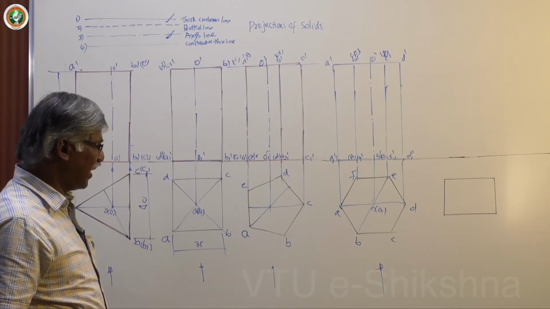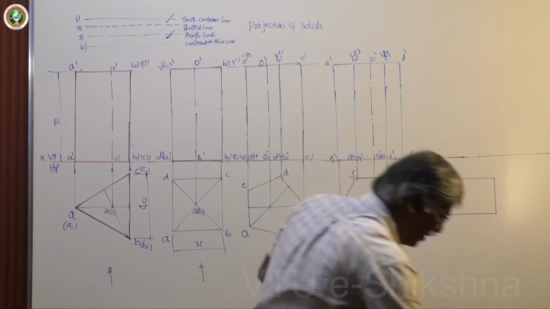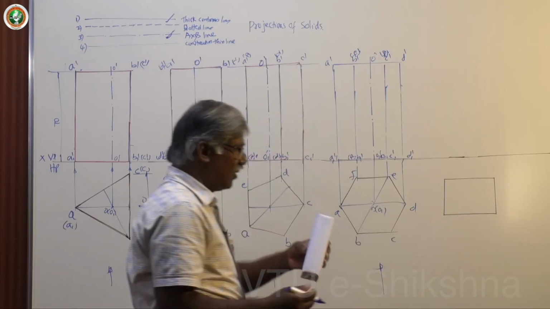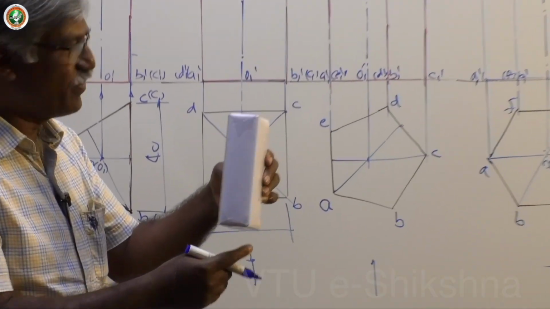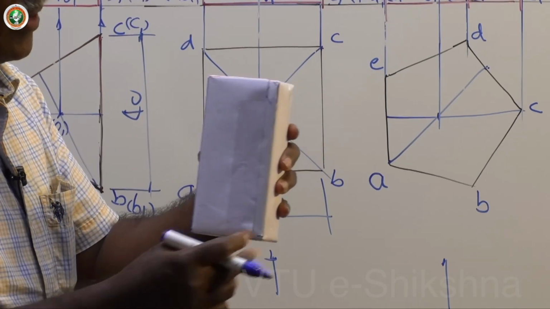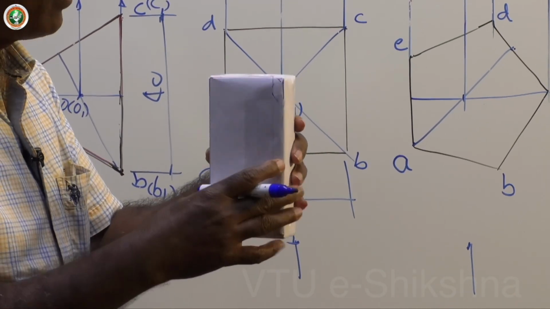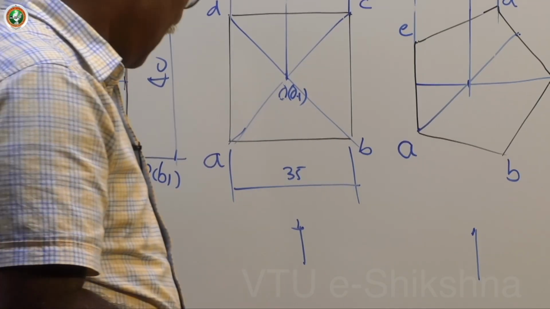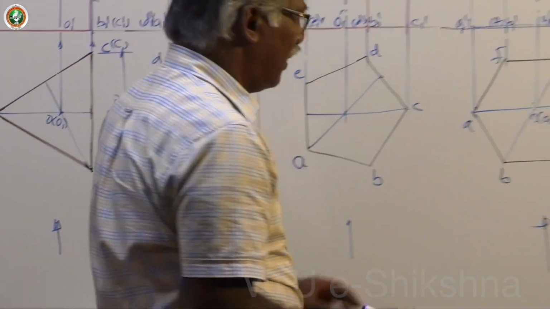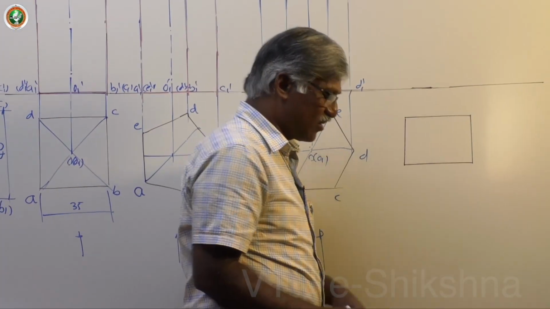Next comes the rectangle. Here, as I said, the positions may be this: longer sides perpendicular to VP or shorter sides perpendicular. Here, shorter sides are perpendicular to VP. So naturally, the two shorter sides are perpendicular to the XY line.